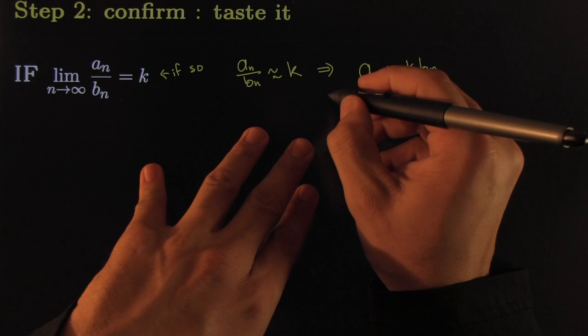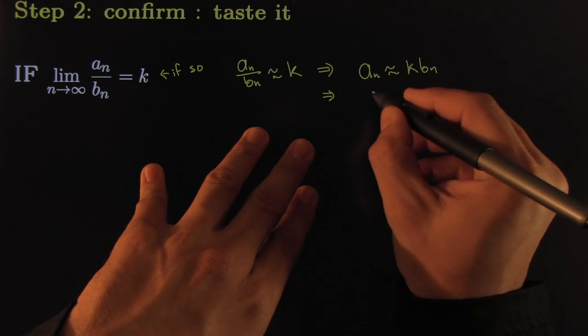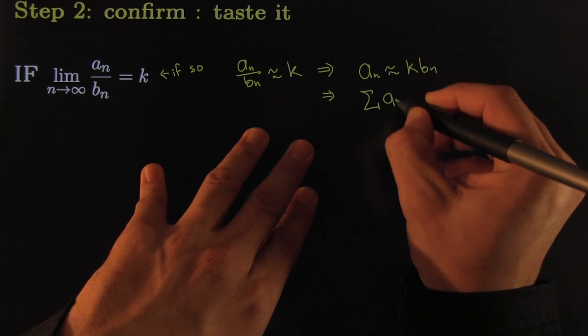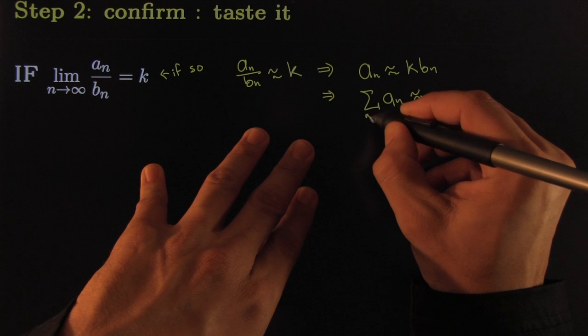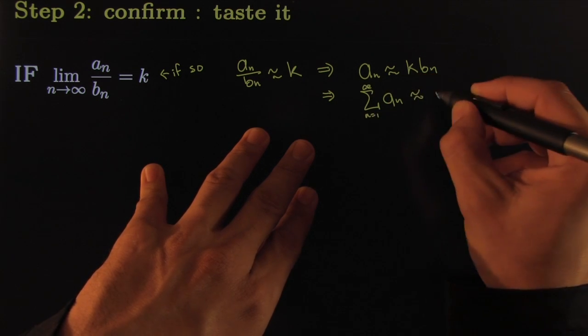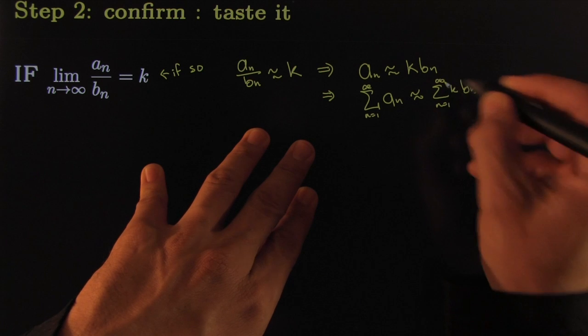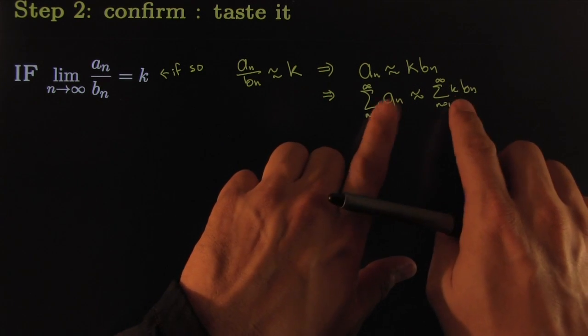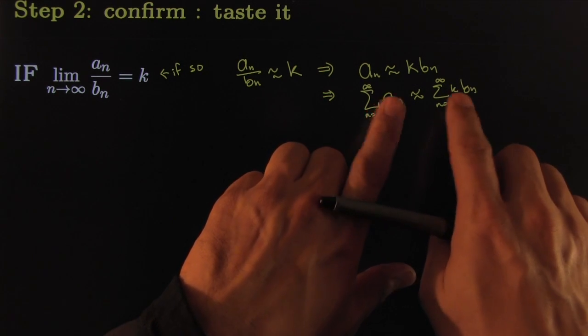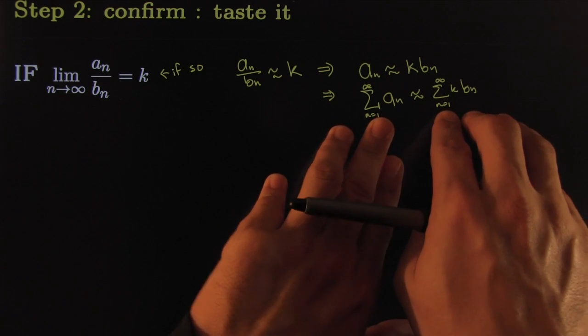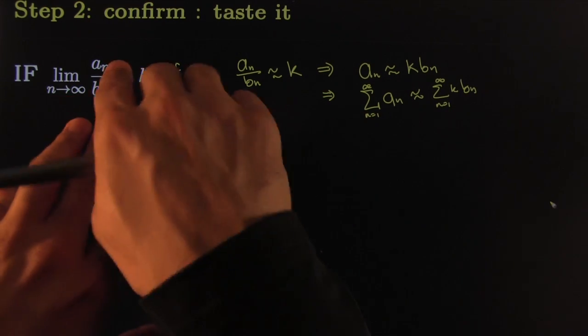And under some good conditions, you can actually say, you know what, I'll just slap an infinite sum on both sides, an infinite sum as n goes from 1 to infinity, of a_n and of k times b_n, and say these two are probably the same. They either both converge or both diverge. They might differ only by a constant. That would be ideal. This is the taste test.